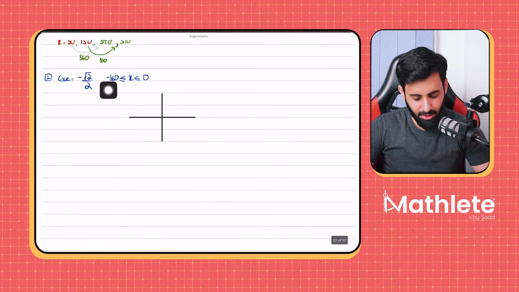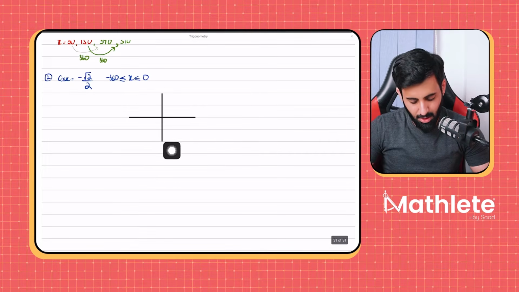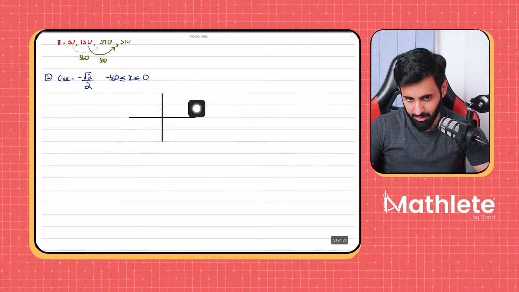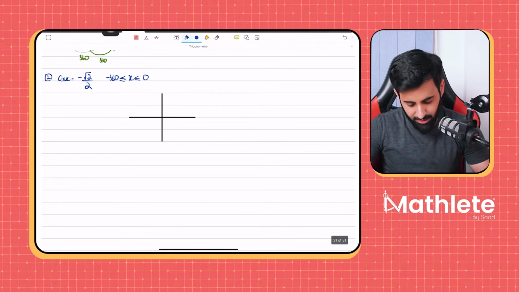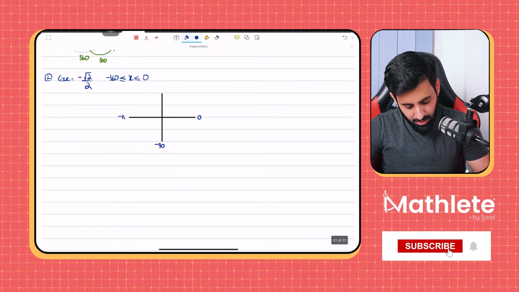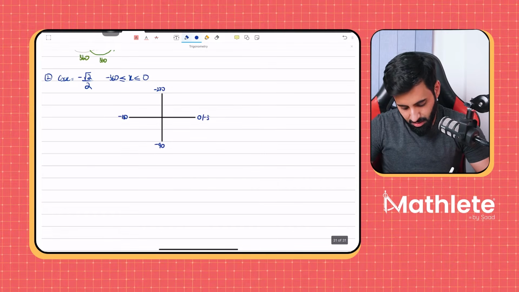But because the range of x is negative, here's 0, here's minus 90, minus 180, minus 270, and here is minus 360. A, S, T, C.